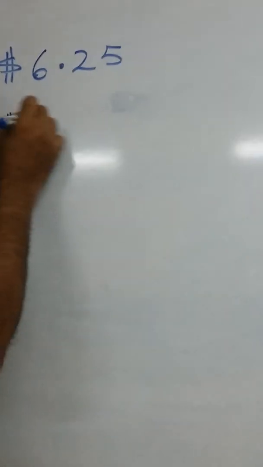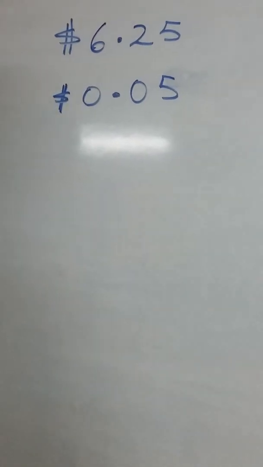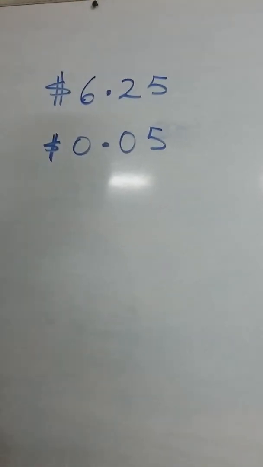Okay, how do you write 5 cents? You write 5 cents as $0, 0 10 cents, and 5 cents. That is 5 cents. Okay, so we can use money to be able to better understand our decimal system well.